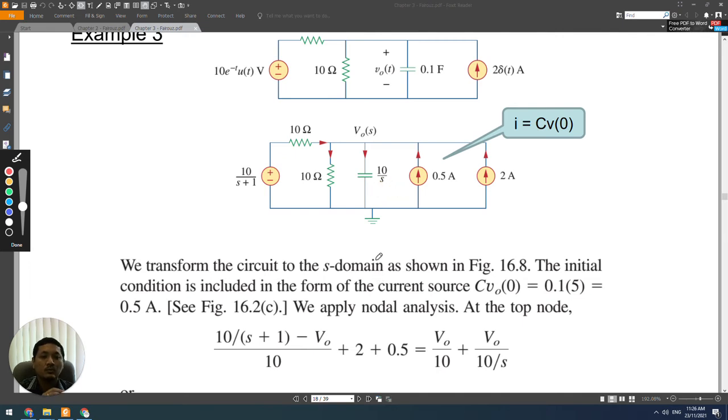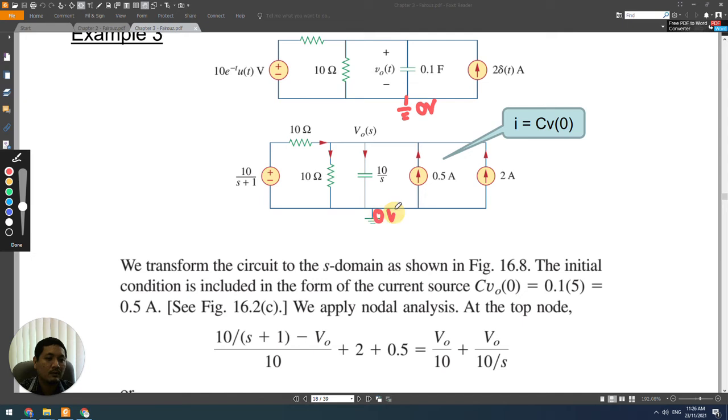Now we want to solve for V out(t). But before we can get V out(t), we need to get V out(S). So here this is the V out(S), from here to here, and we assume this is connected to the ground, which is 0 volt.